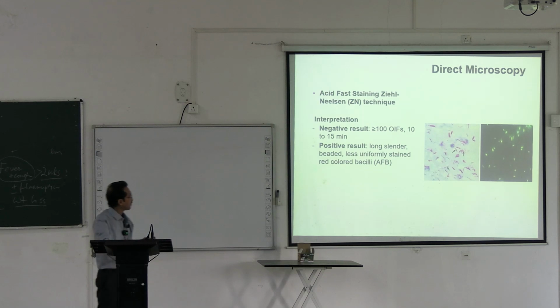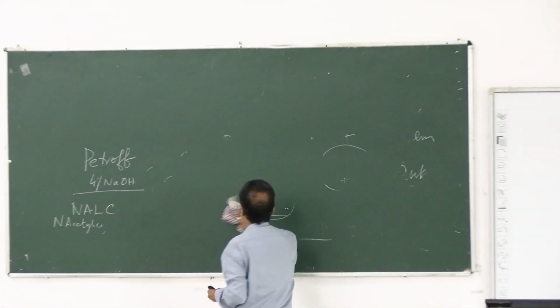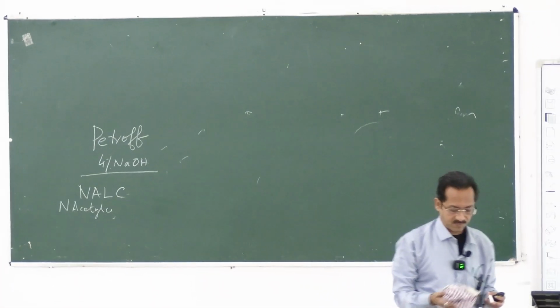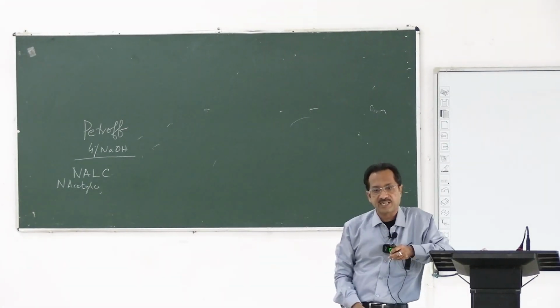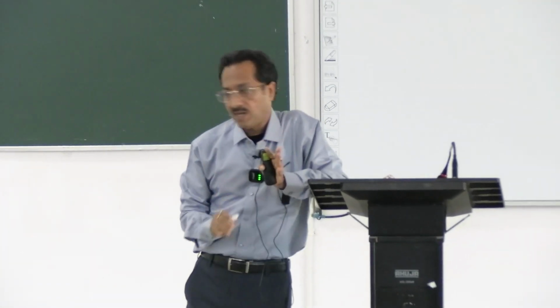Now staining. Acid fast staining, you already had in your practical class. So ZM staining you all know. What are the 2 most important parts of ZM staining or Ziehl-Neelsen staining? First, you need to heat the carbol-fuchsin.